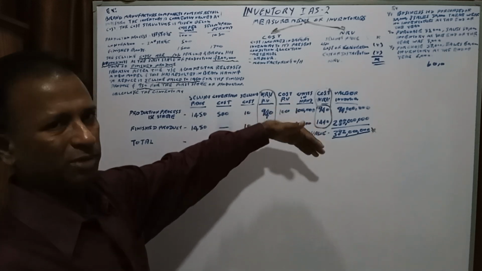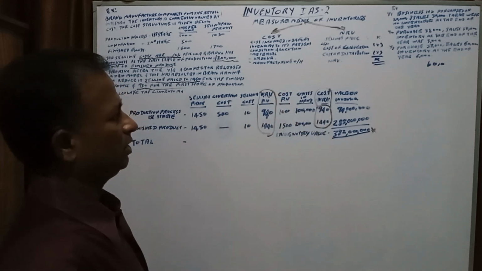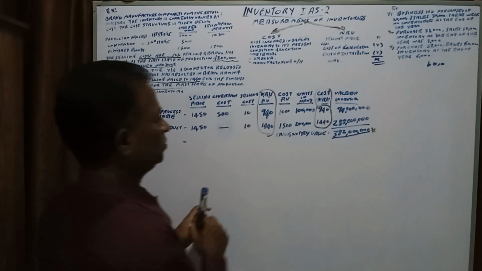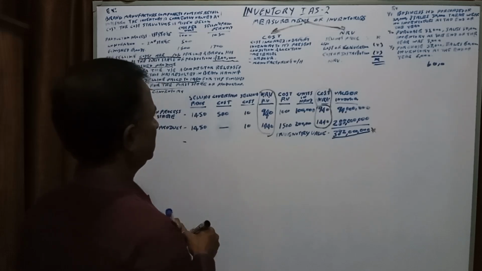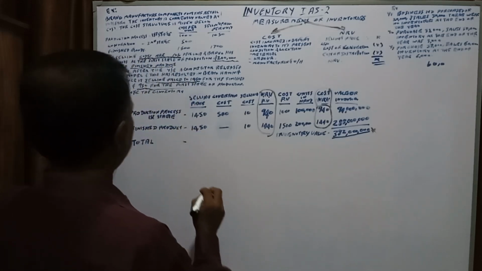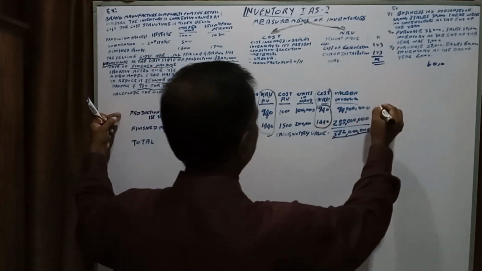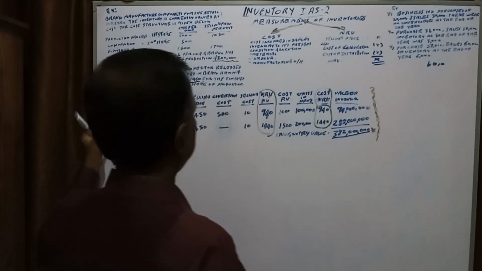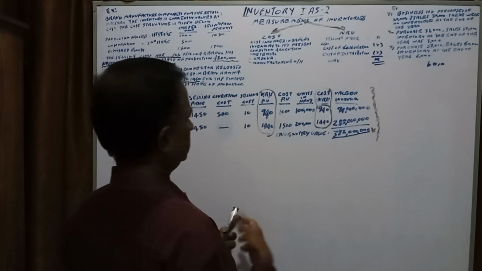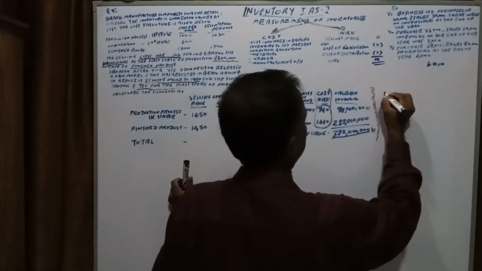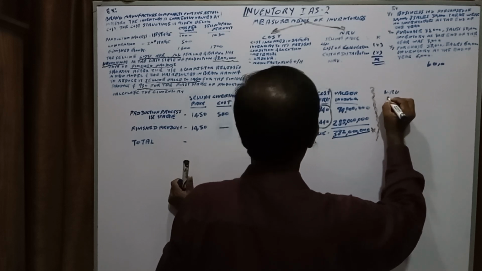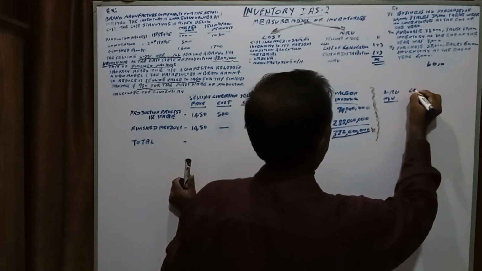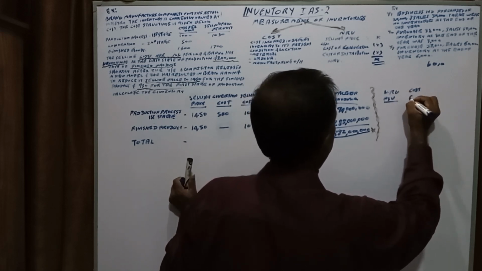Now if the accounts had been recorded at cost, what you have to do, if it is net present value, you take the net present value of the product, net present value per unit, and this is cost per unit.